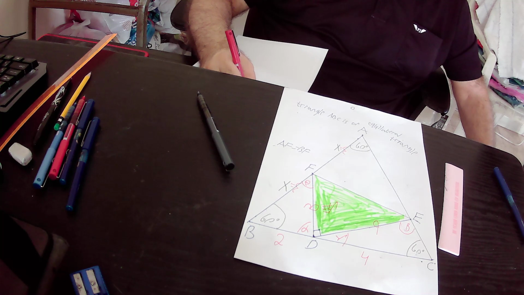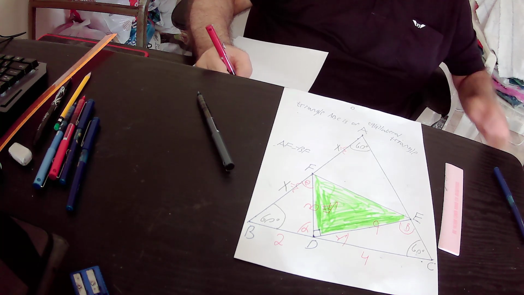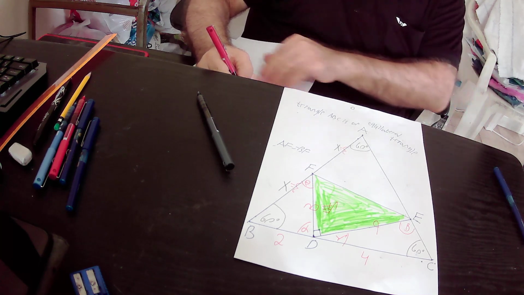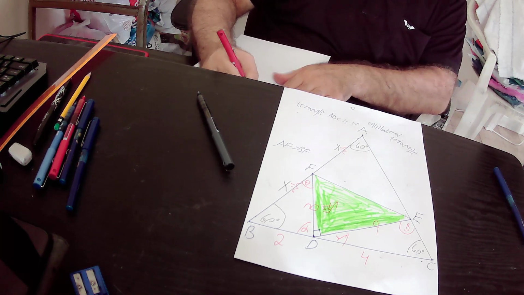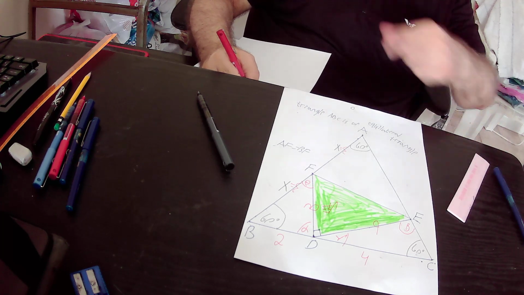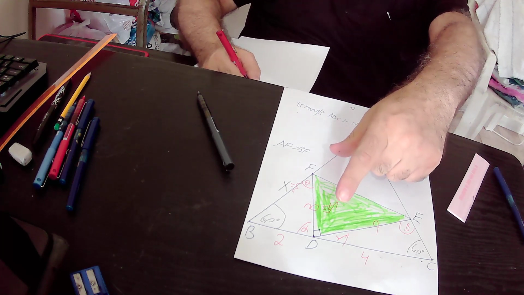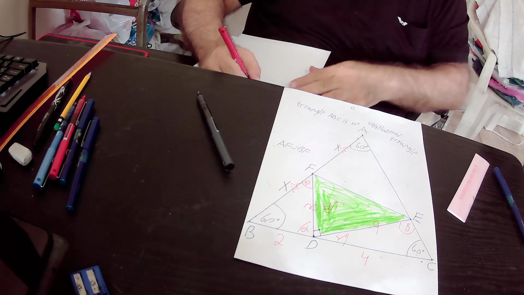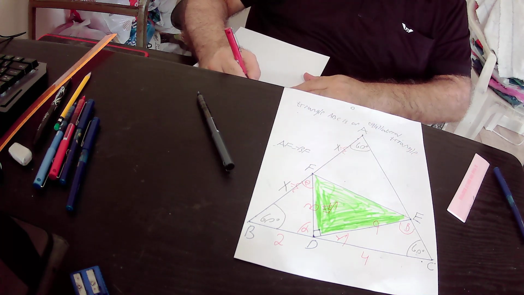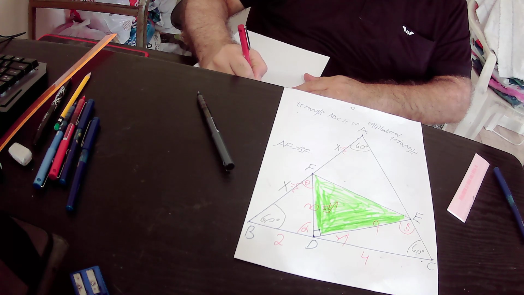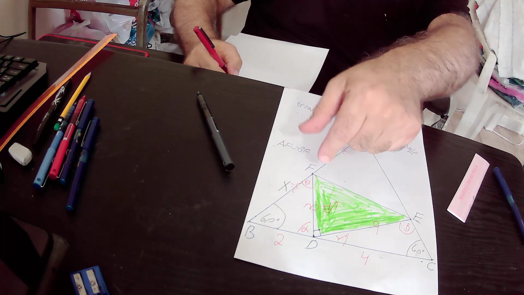So in triangle FBD, FD over sine 60 degrees equals BD over sine theta.